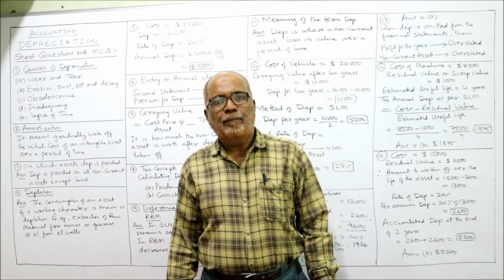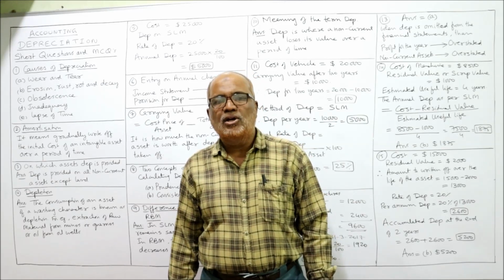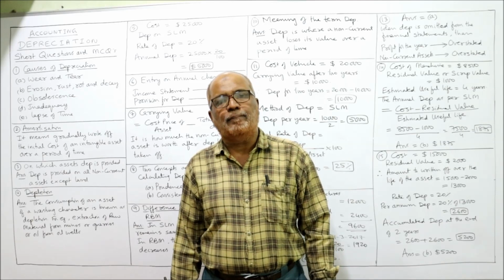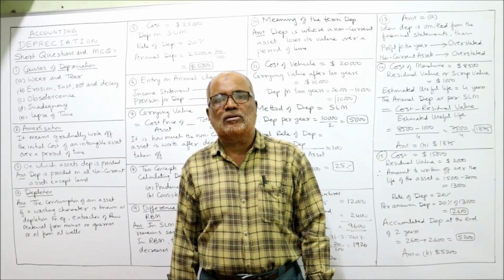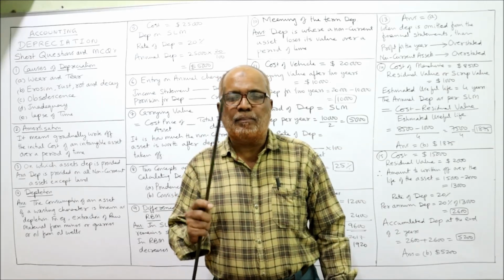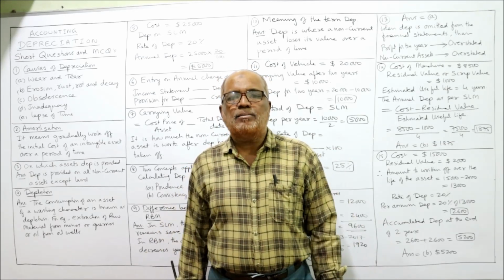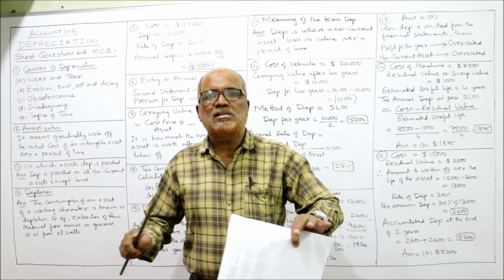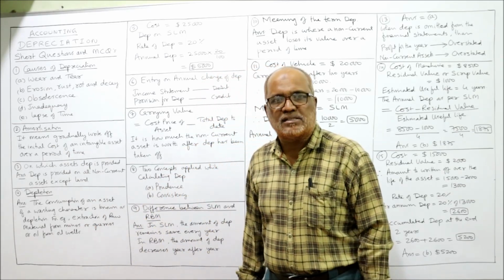Example, patent. Patent is an intangible asset. We amortize the value of a patent over a period of time. Simply we can say, for a tangible asset we use the word depreciation, for an intangible asset we use the word amortization. Both mean writing off the cost of the asset.